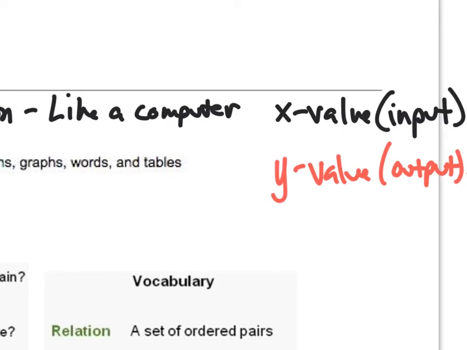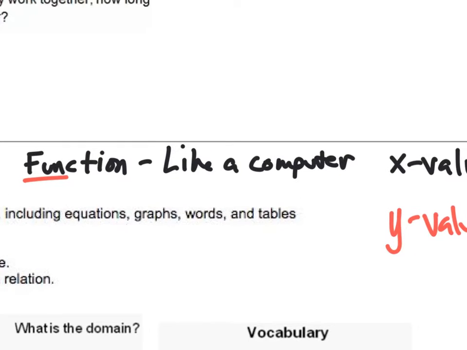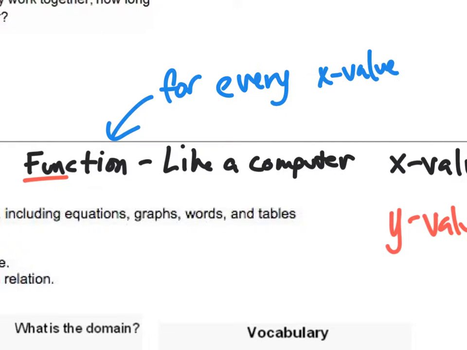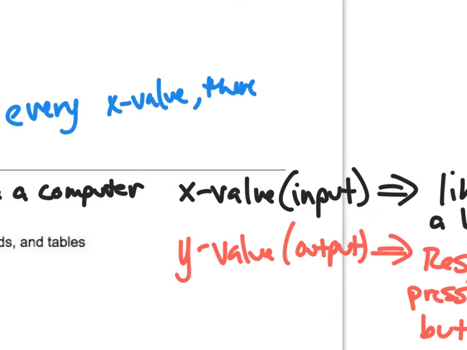The definition of a function is that for every X value, there is only one Y value.